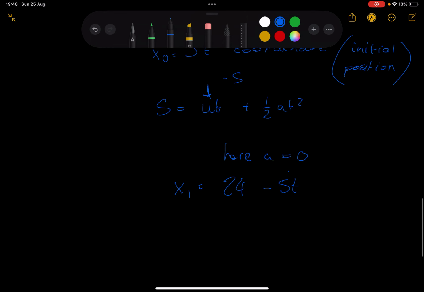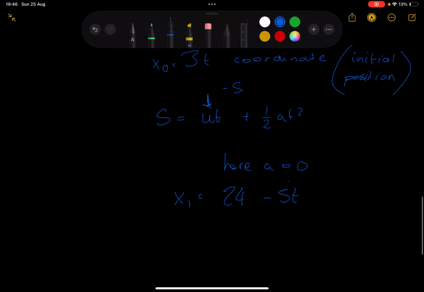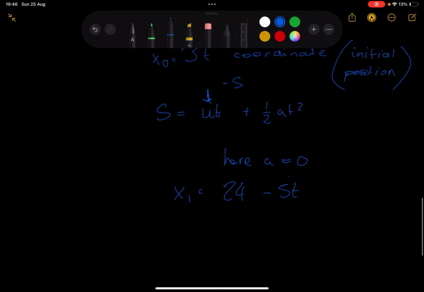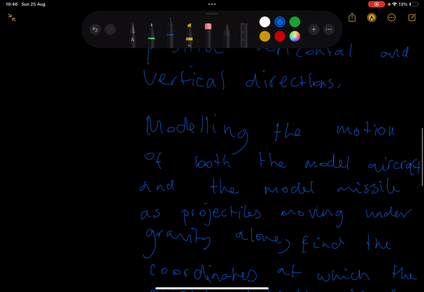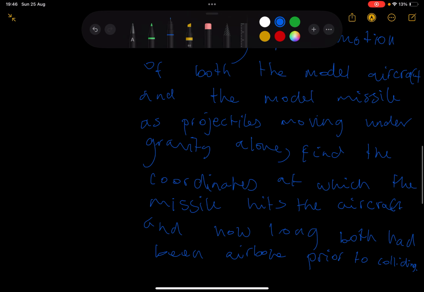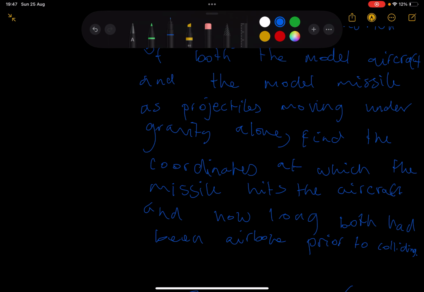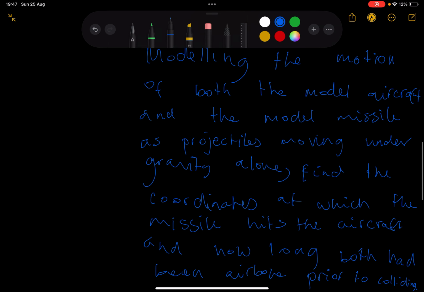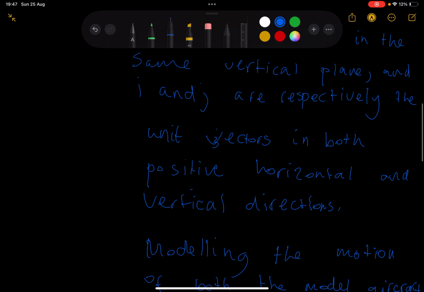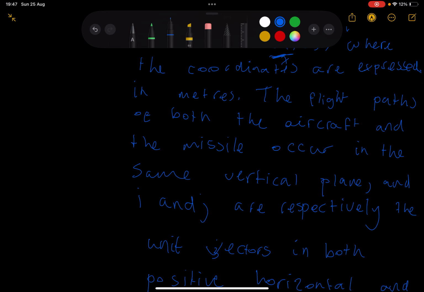Now we can equate them to each other, because we know that the flight paths of the aircraft and the missile occur in the same vertical plane.